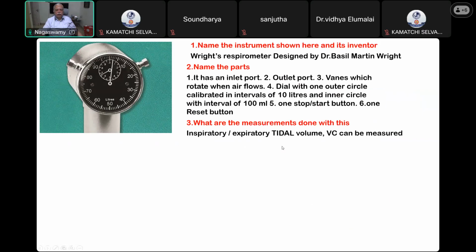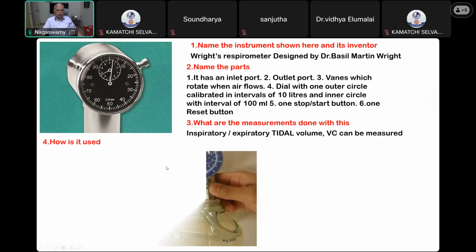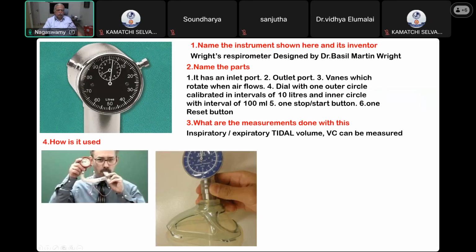Inspiratory or expiratory tidal volume and vital capacity both can be measured using this instrument. Okay. And how it can be used? So there are two methods. Either you can attach a face mask like this and keep it onto the patient's face, or you can attach a breathing hose and ask the patient to keep the mouthpiece and blow through that.